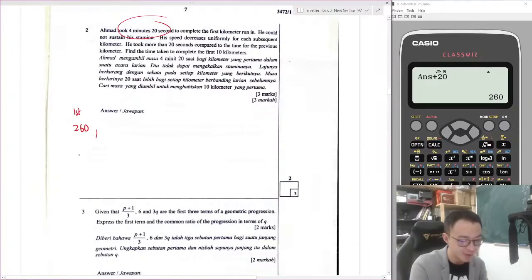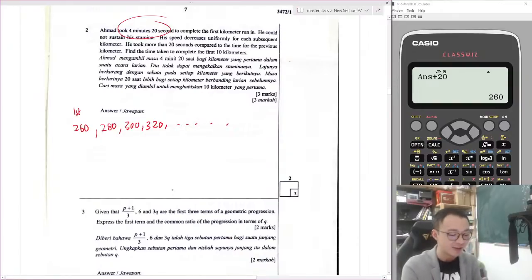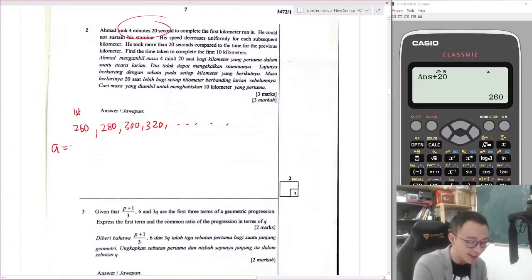For my second kilometer, I don't have good stamina, so it's delayed: add 20, so 280. The next one is add 20, 300, add 20, 320, and so on. So right now I know my a is 260 and my common difference is 20.